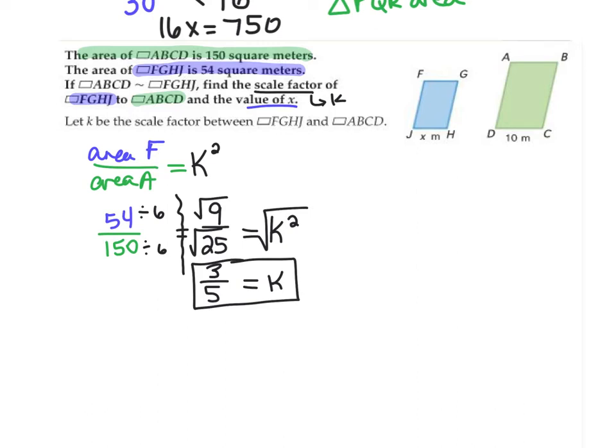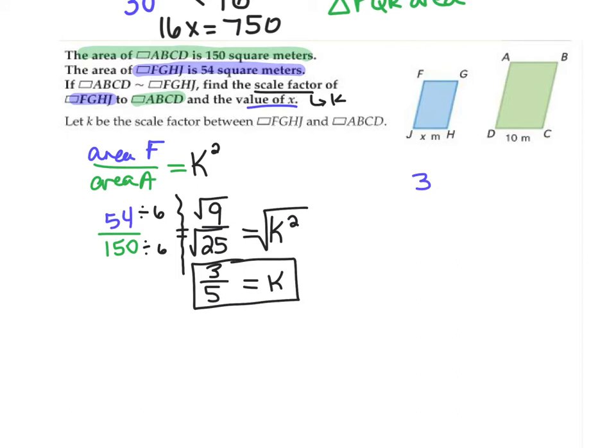And now we have enough information to find that missing side here on FGHJ. We need to take our scale factor and set up a proportion, because remember, the scale factor is the ratio of corresponding side lengths. So we set up our scale factor as blue over green.